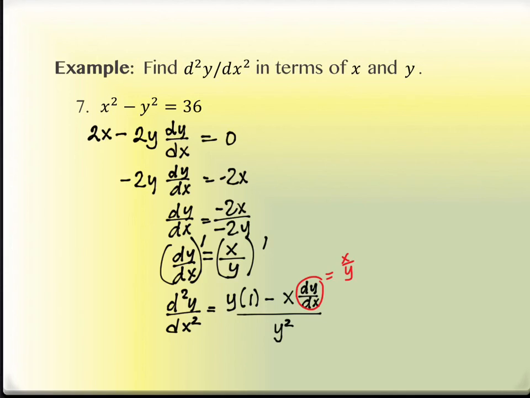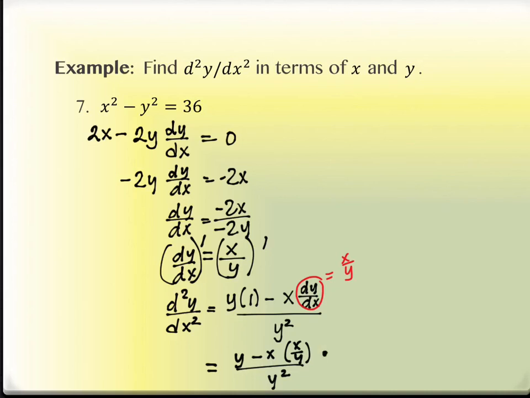So we're going to use that and clean this up. So I have y minus x times x over y, all over y squared. I'm going to get a y cubed in a minute. I'm just jumping the gun. I apologize. Yeah, it's y squared right now. All right, so I do have this little y right here. The easiest way to eliminate the little denominator here is to simply multiply everything by that little y.